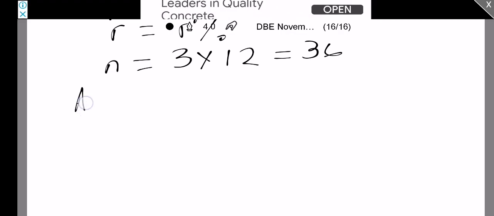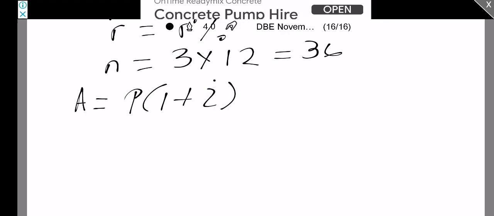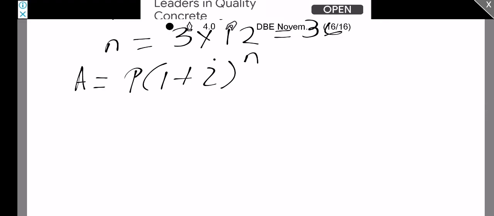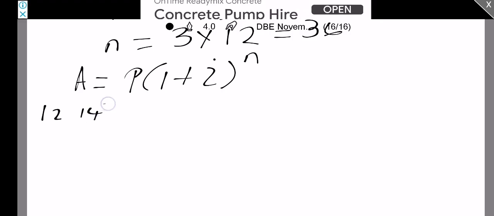Now A equals P times (1 plus I), and let's substitute in the values. A equals 12,147.72.